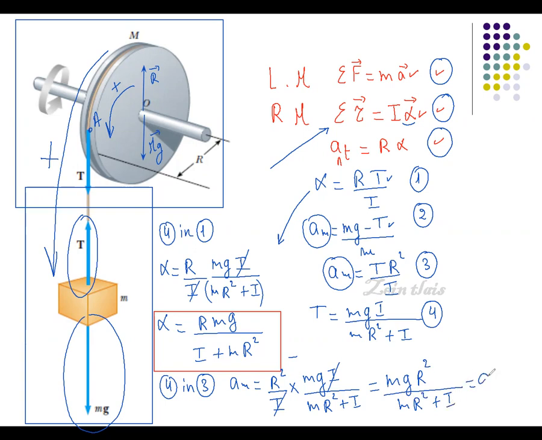This is the final value of am. So here we have am, here we have alpha, and here we have T.